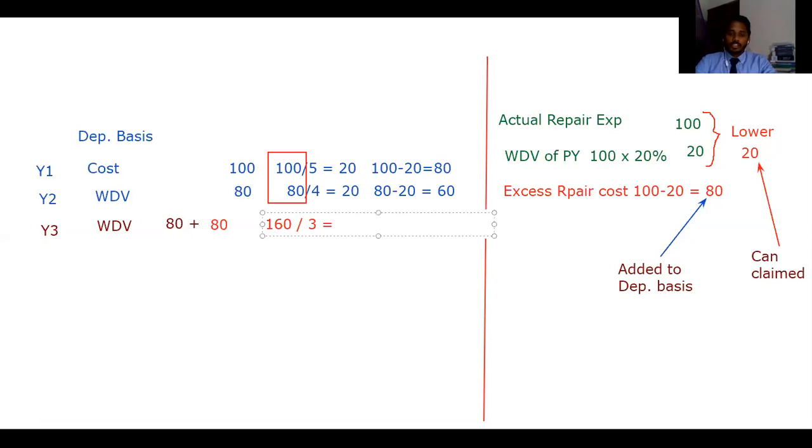That amount you need to consider as a depreciation capital allowance for tax purposes. Then the balance WDV will go to next year. Here it is 53.33, right?